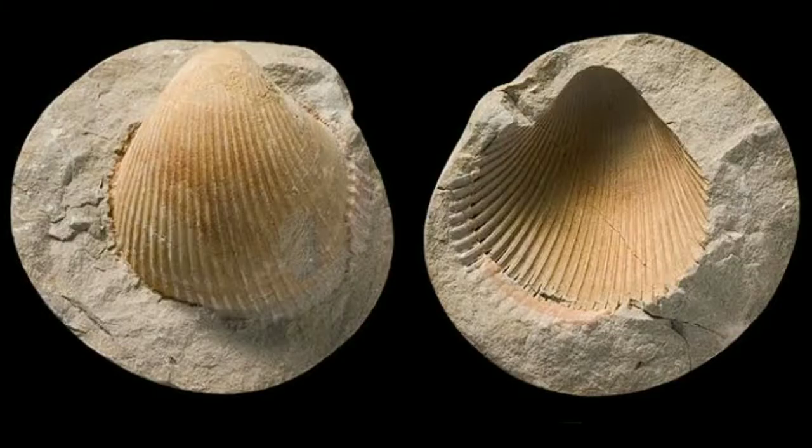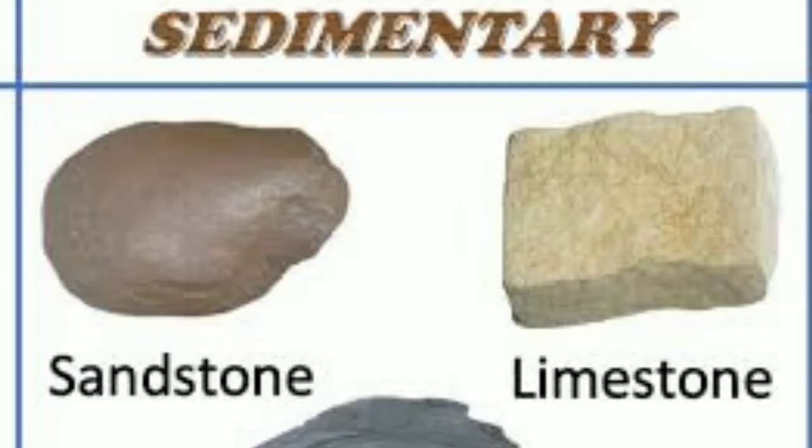These rocks are rich in fossils, because they are made up of sediments or broken pieces of other rocks, so they contain the remains of dead and decaying plants and animals, which act as fossils. Examples of sedimentary rocks are sandstone and chalk, which you have seen regularly in your school.